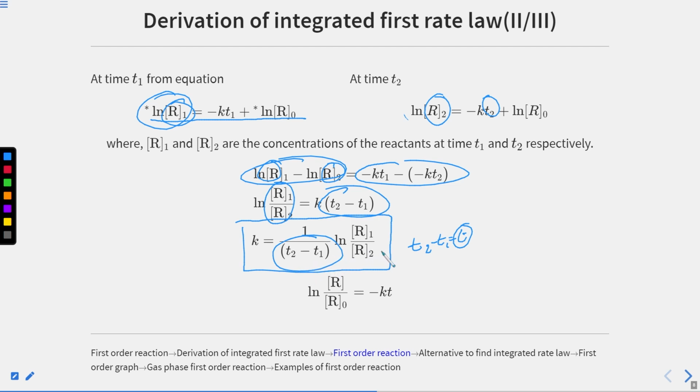And one more thing we have done is that it is R1 minus R2, okay, we have a negative sign. Now we are taking this negative sign out. So it is t2 minus t1. If you take this negative sign out, that would give us t1 minus t2. Okay, this is clear?